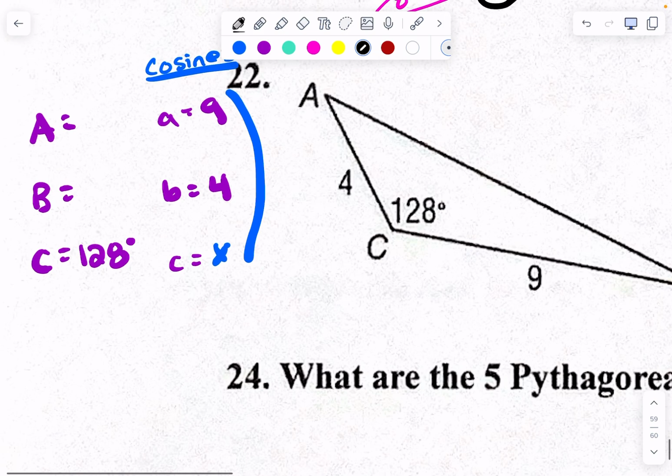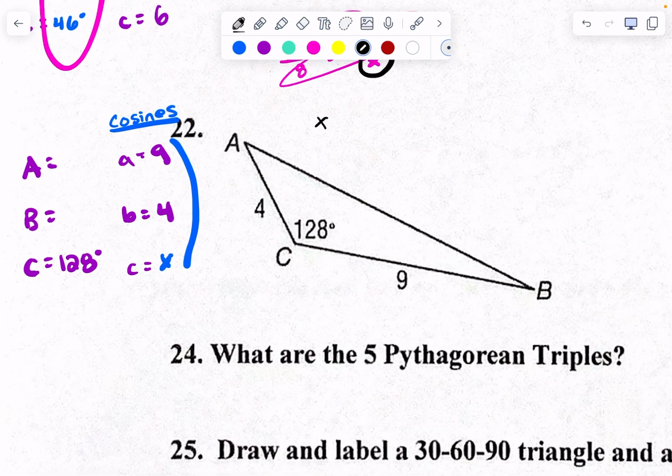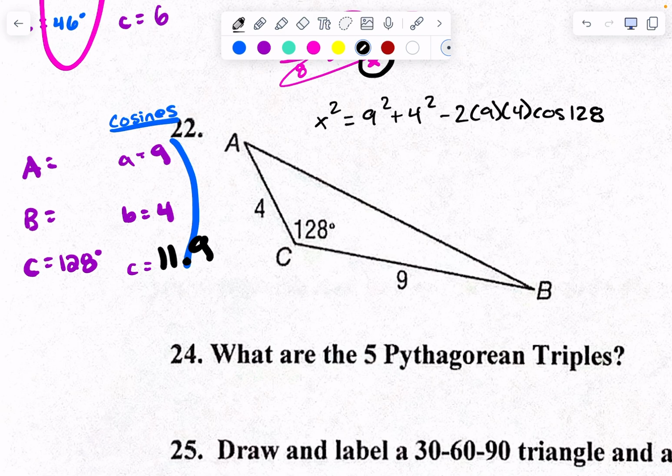This one's nice. Somebody tell me if that's right. Is that right? Yep. Yeah, okay.